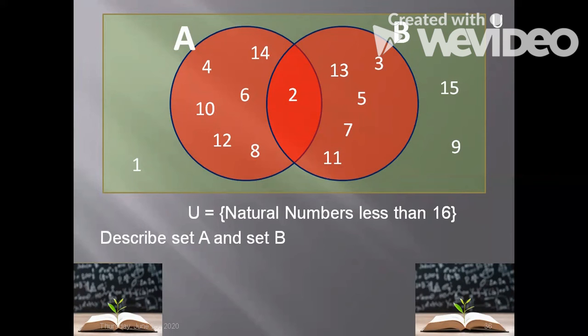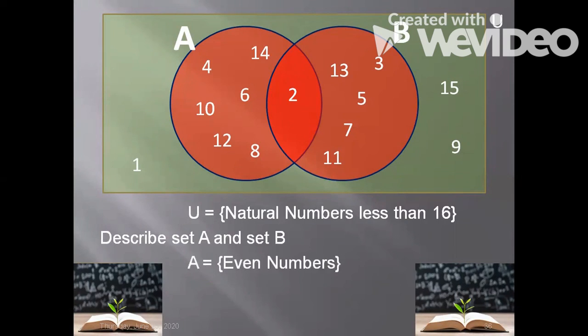Well, it turns out that set A are just even numbers that are less than 16. All right. And notice the words less than 16. So less than 16 means that, well, it cannot go up to 16. So the highest number there would have been 14.